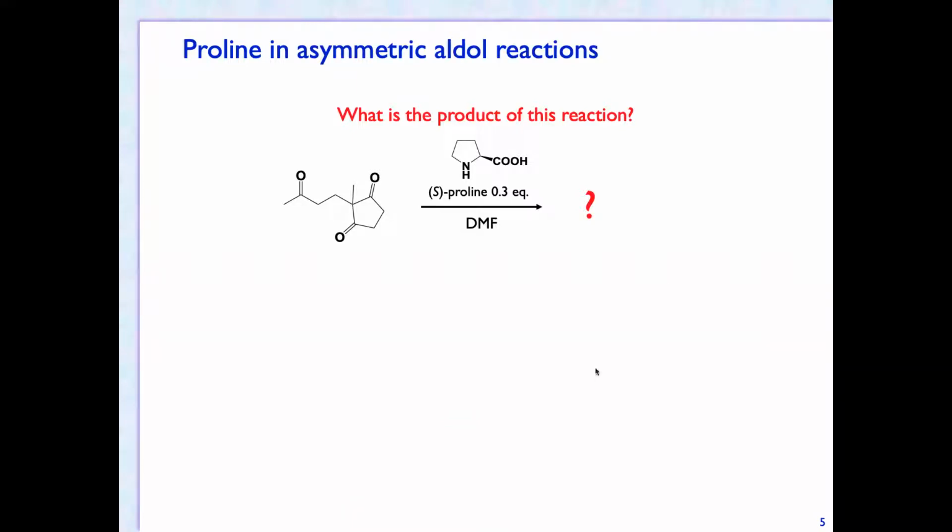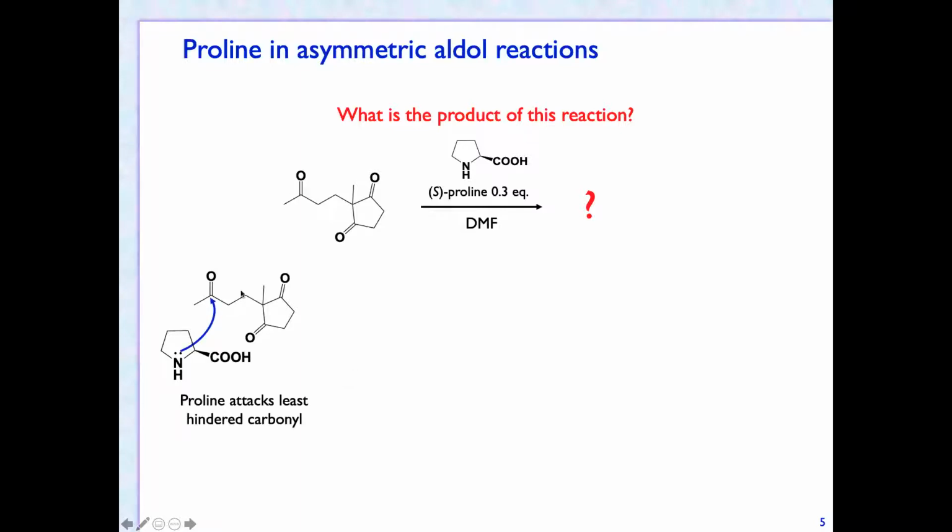So what happens first? We are starting from this. So we make the enamine with the ketone. Which one in this case, in your opinion? The leftmost one, the most isolated, exactly, because it is the least hindered carbonyl group.